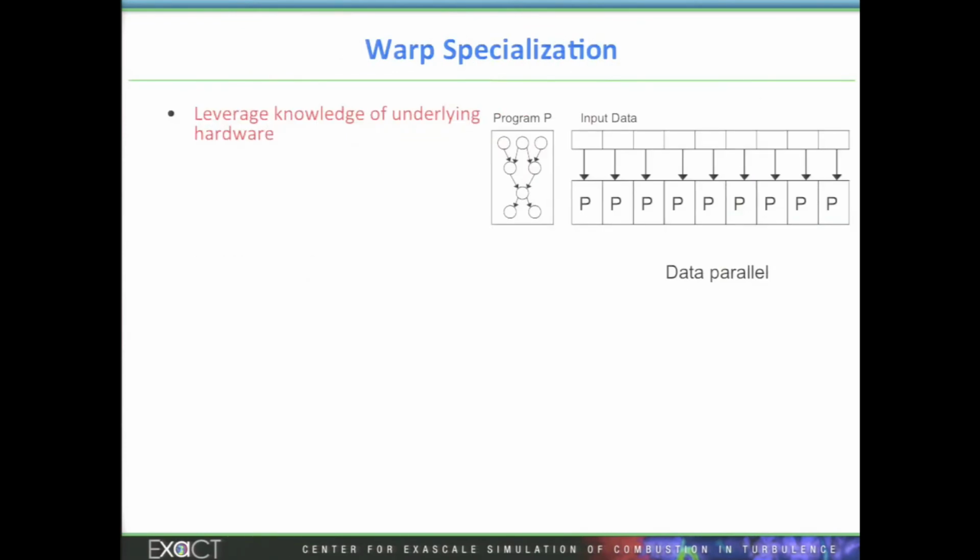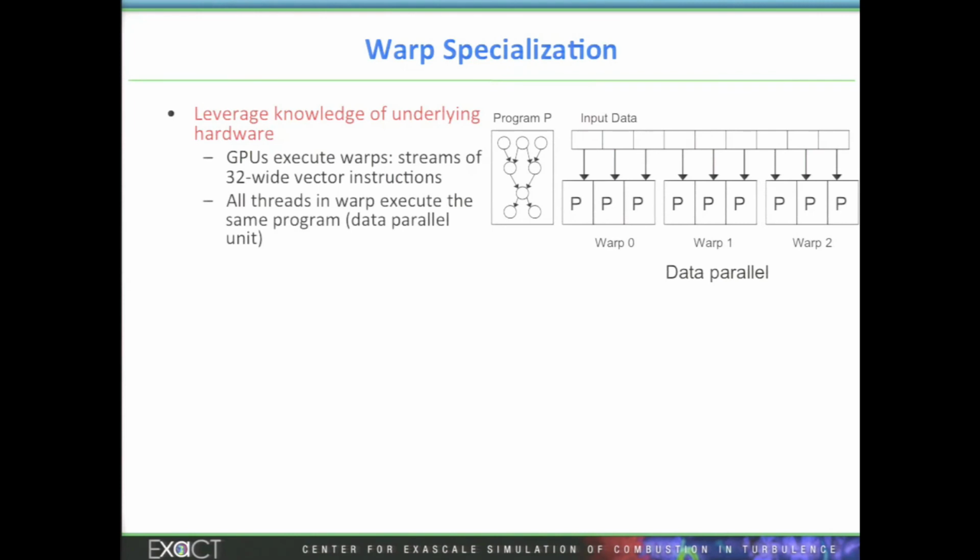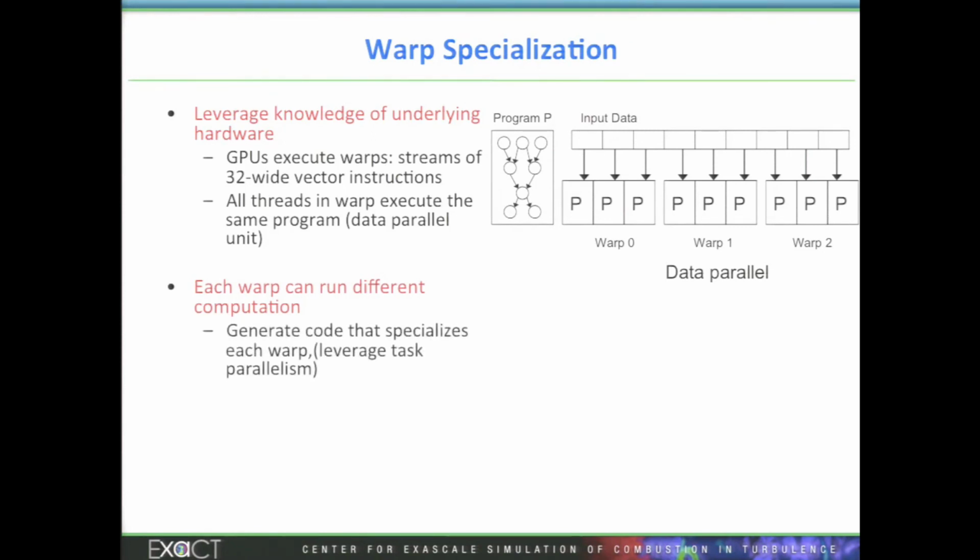And so what Mike did was to invoke warp specialization, which leverages knowledge of some of the underlying hardware. These GPU warps execute streams of 32-wide vector instructions, 32 threads per warp. It's a data parallel unit where all threads in a warp execute the same program. But he realized that each warp could run a different piece of the code, a different computation, and in this way leverage task parallelism.